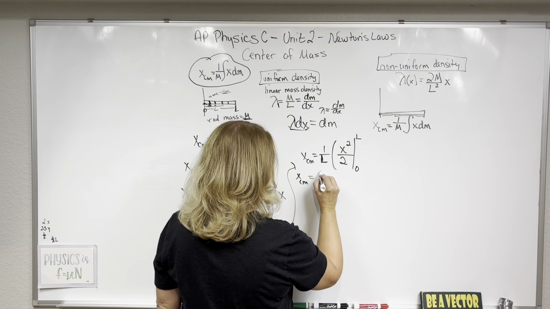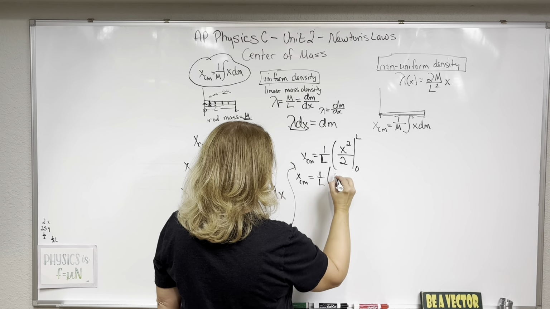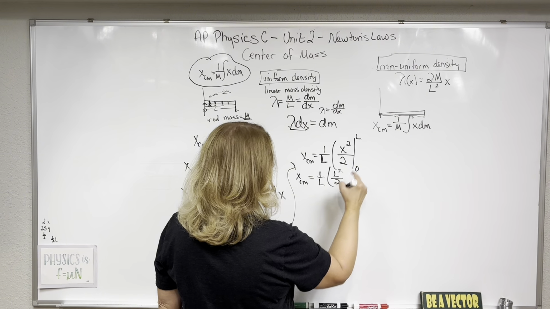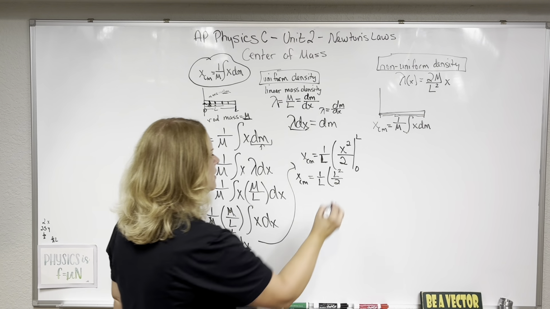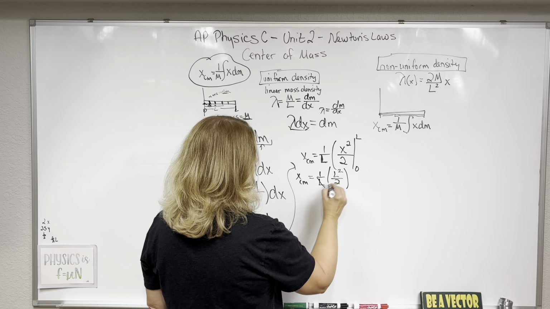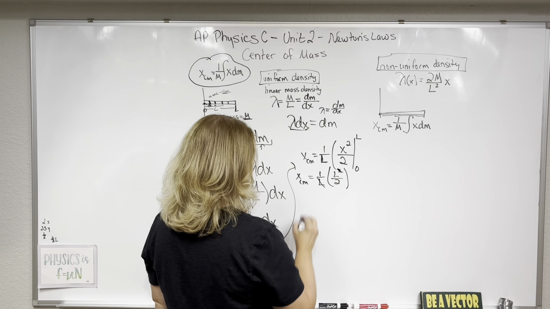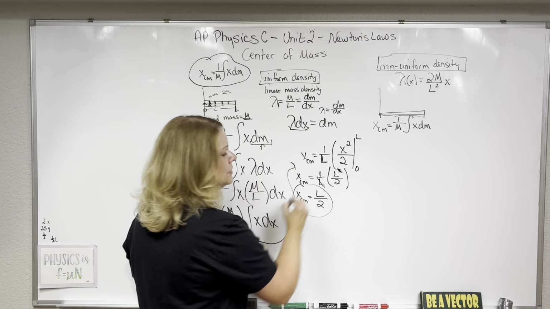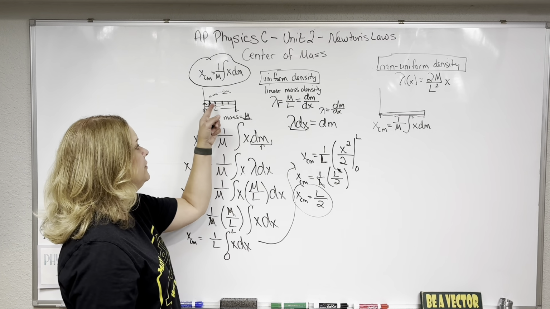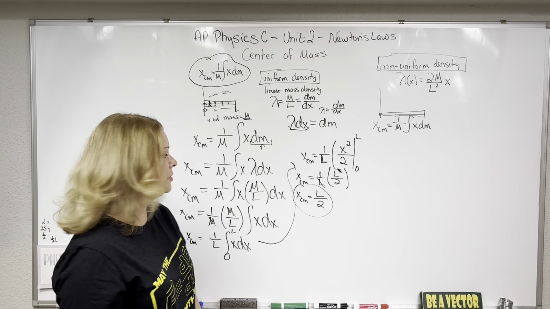I have 1 over L, of course, times L squared over 2. And if I put 0 in there, 0 squared over 2 is just 0. So I'm left with this. One of my L's cancels out on top and bottom, and my center mass is L over 2. Which we actually knew going in, right? This is a rod, center mass is in the middle when it's uniformly distributed.